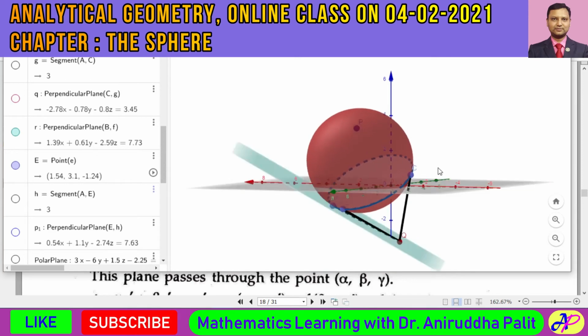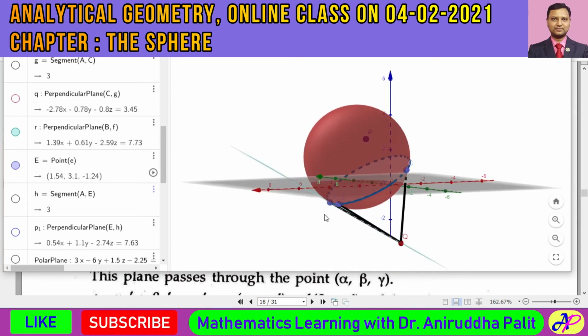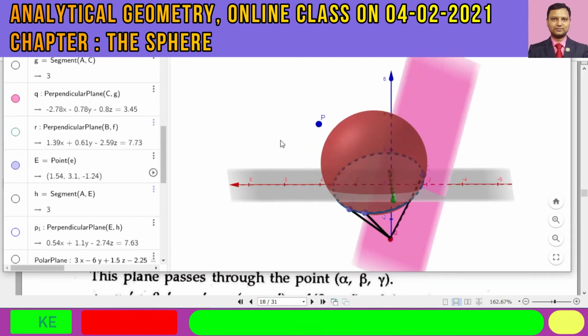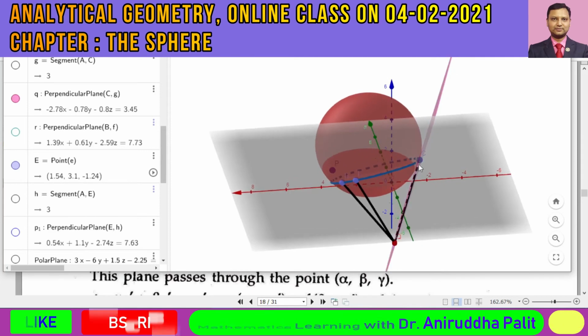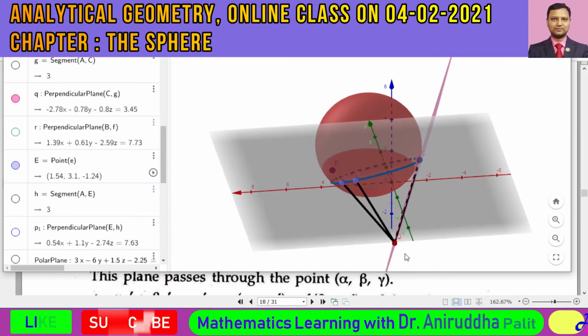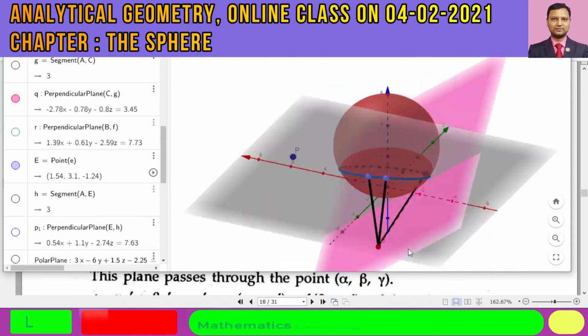So this is the tangent plane BQ. And now let us consider another tangent plane CQ. So you observe that all the tangent planes are passing through this point Q.